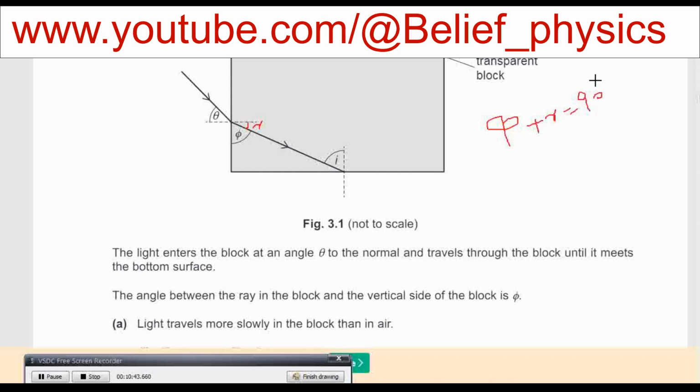So we can say that phi is equal to 90 degrees minus r.